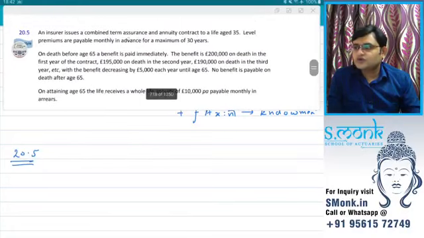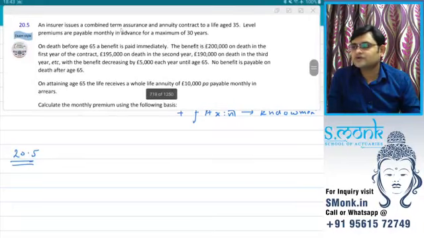Here we will go slowly, one by one, understanding what's going on. Level premiums are payable monthly in advance for a maximum of 30 years.